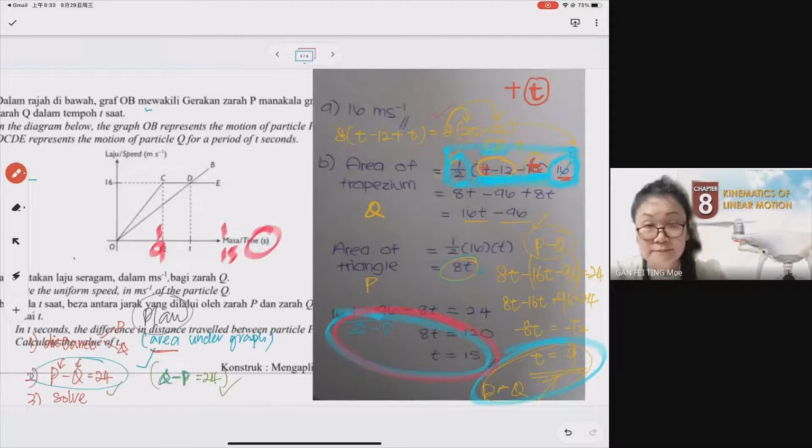Okay, so now let's go back to our class. For this question, do you understand? Yes or no? Thank you for joining the class, Shazwina. Take care of your health. Members of the floor, is there any problem with this question?